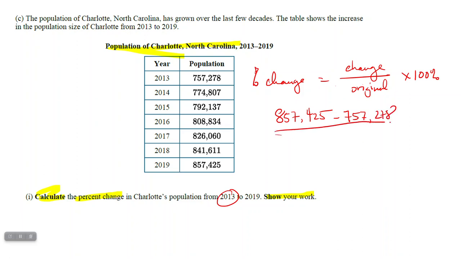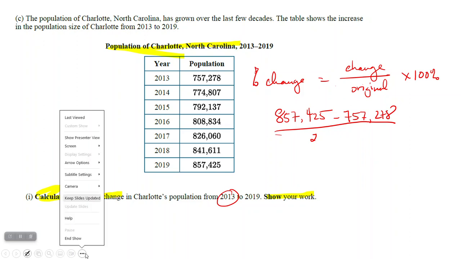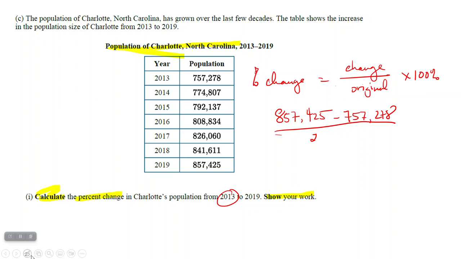All of that divided by the original population, which is the population in 2013, 757,278. And then you're going to multiply that by 100%. Now, in the interest of saving time, I have already done all these calculations, so you can pause this video and break out a calculator and do them yourself.